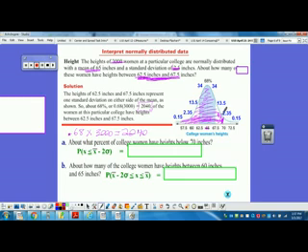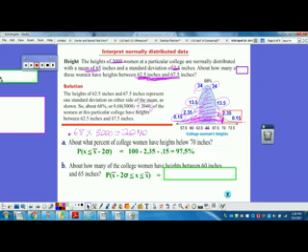Add up all of these percentages. I could do that. Or I could add up the ones that weren't used, these two, and subtract from 100. Either way, get 97.5.